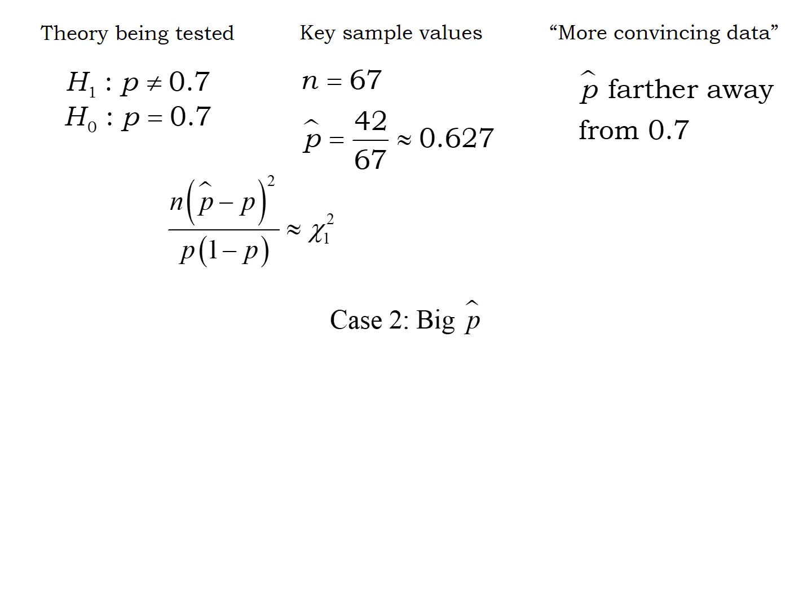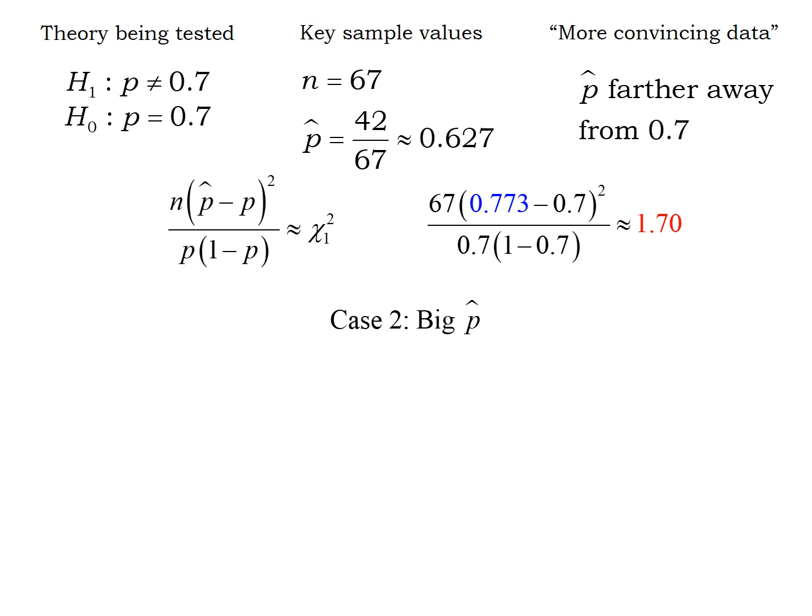Now let's look at the case of what happens if we had a big p-hat. Okay, so we had 0.627. That's a small p-hat. That's the one we actually have. And a little while ago, we determined that 0.773 would be equally convincing on the high side because it's the same distance away from 0.7.